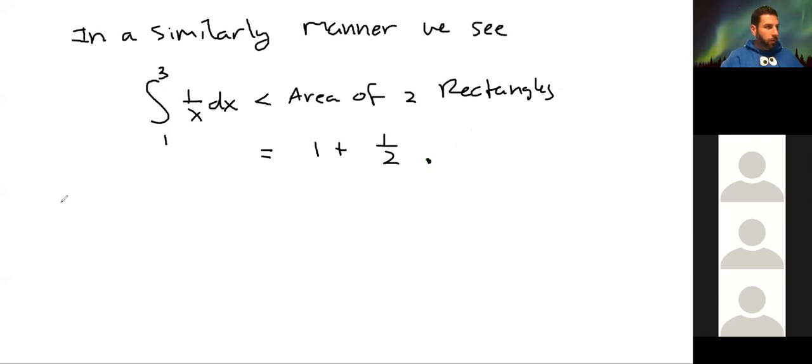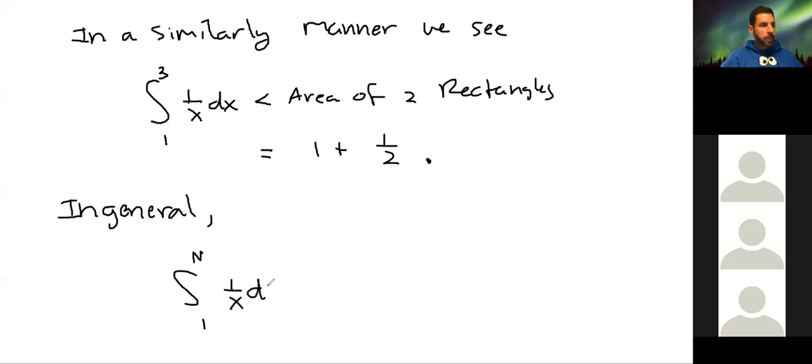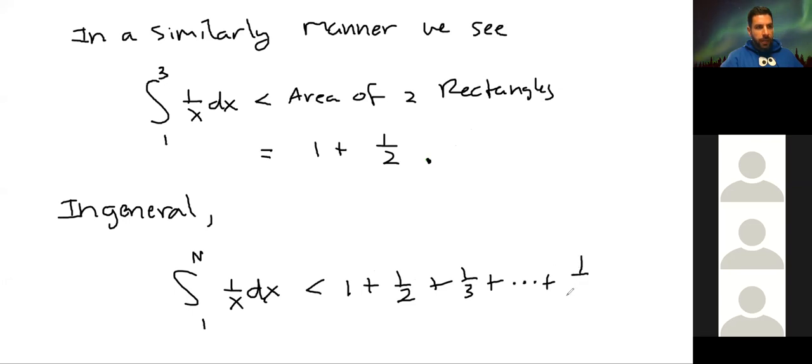So in general, the integral from 1 to n of 1 over x dx is always going to be less than 1 plus 1/2 plus 1/3 plus all the way out to 1 over n.